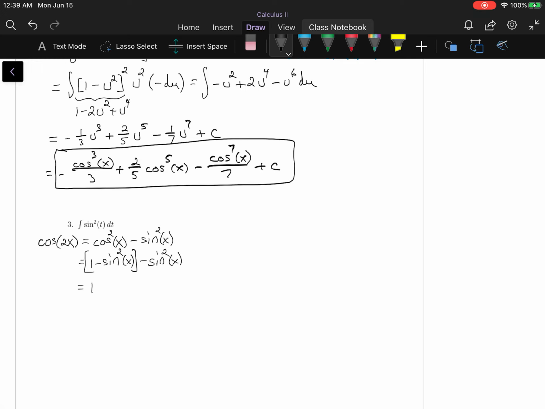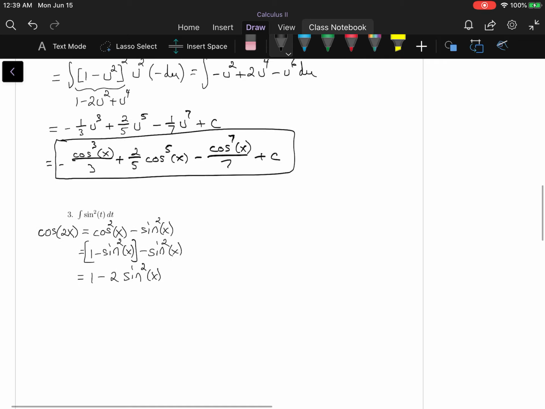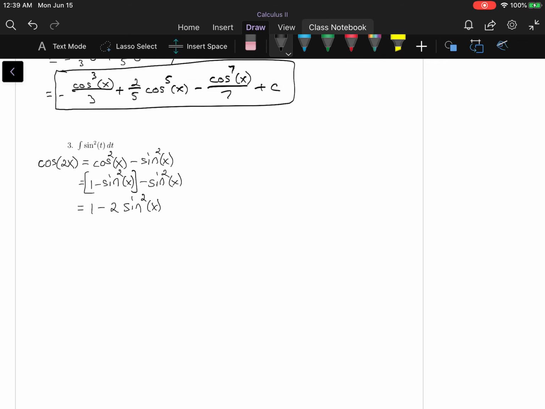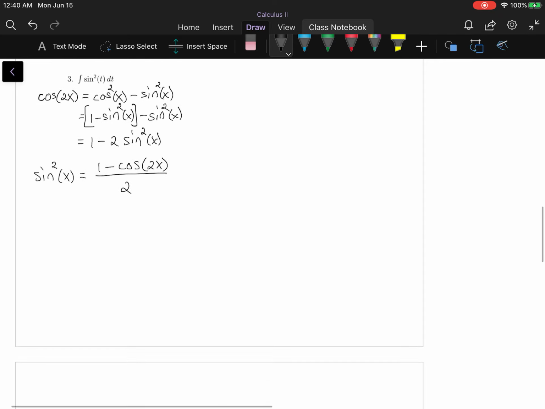And this is 1 minus 2 sine squared, which means using a little algebra, sine squared of x is going to be 1 minus cosine of 2x divided by 2. So that is what I'm going to sub in to our integral. Let's go ahead and do that.